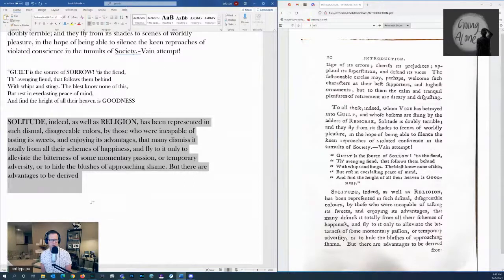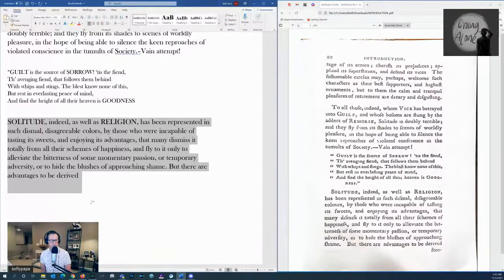But there are advantages to be derived, and then the next bit begins on the next page, which we'll do tomorrow. So I get that. So let's see, the meaning of that is that solitude, and he brings religion in. I think he sees that as a similar type of place of sanctity, of course, and both refuge.